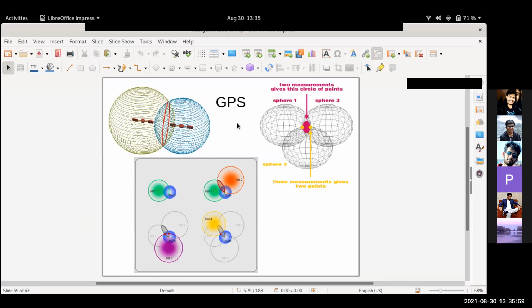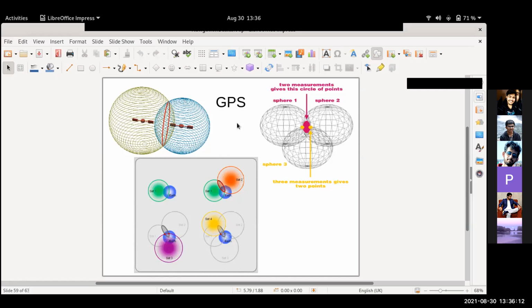The satellites are transmitting signals. You are receiving the signal and computing your position. But the satellite is not transmitting your position, it is transmitting only its position.